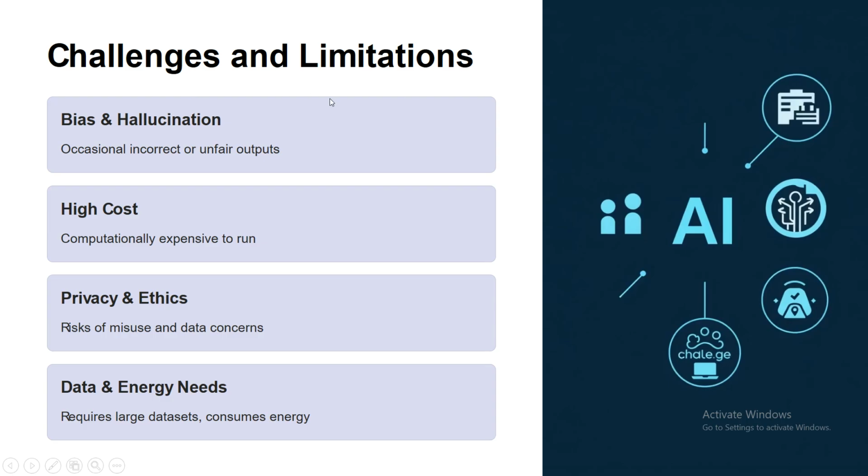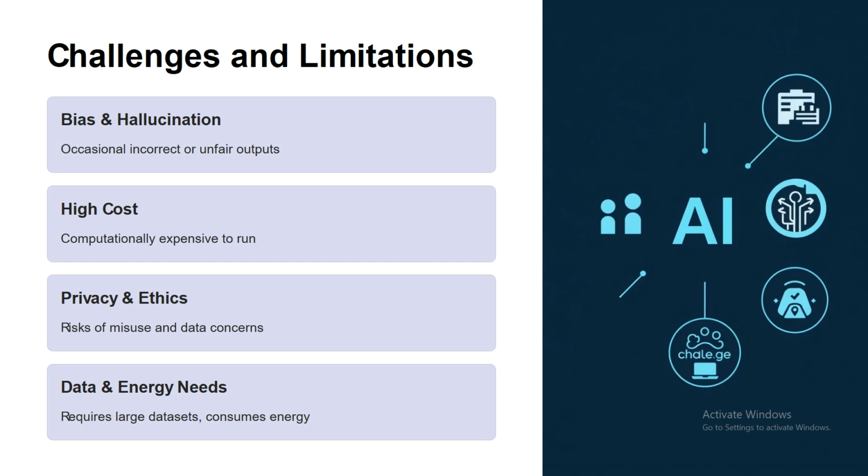Challenges and limitations of LLMs. Bias and hallucinations. Occasionally incorrect or unfair output, because sometimes LLM models have limitations and challenges which can give incorrect output, because sometimes the text may be incorrect.